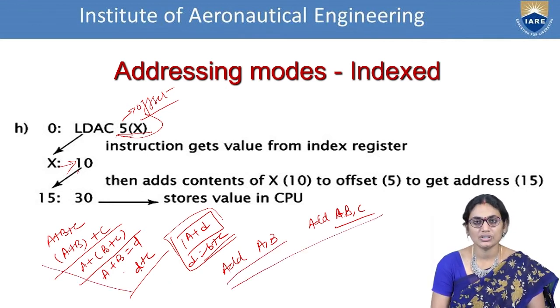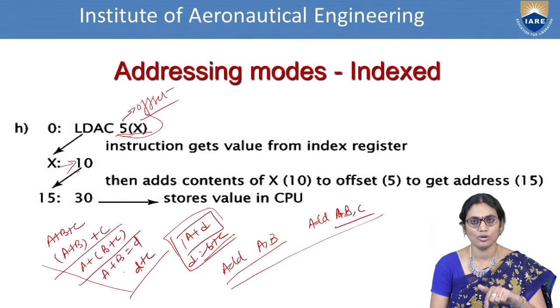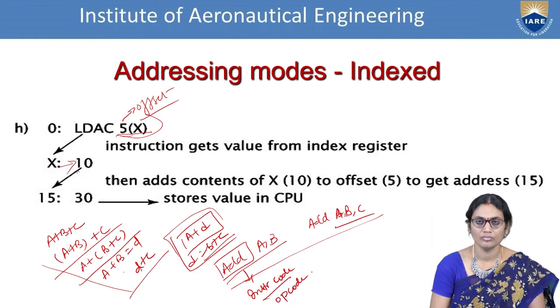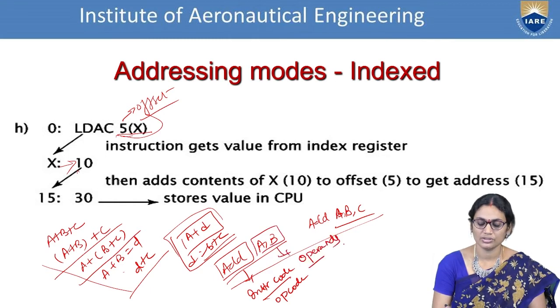How do you represent the instructions in internal micro operations or internal machine level notations? For understanding this, we'll be calling this an instruction code or opcode. We'll be calling these two operators or operands.